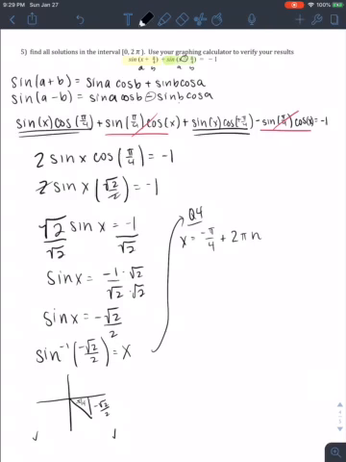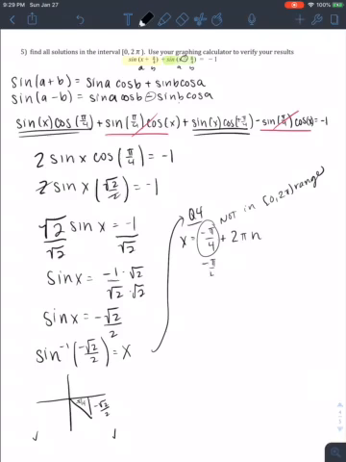And if I want to get the angles in the 0 to 2 pi range, I have an issue because this is not in that range. So I'm going to go ahead and add 2 pi n.